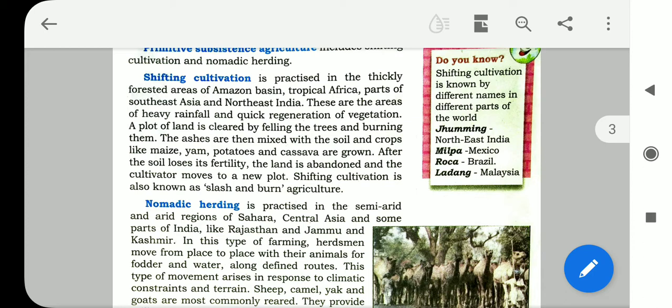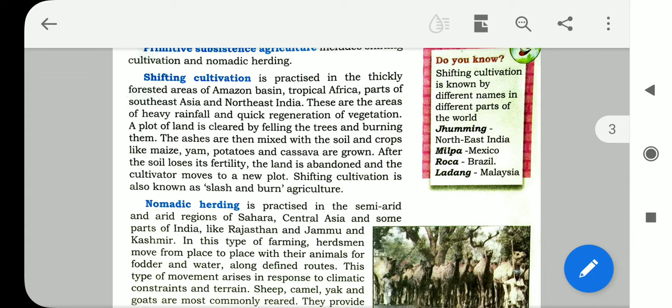So they change the place and select another plot, and in the same process they do this type of agriculture. Since they shift from one place to another, this cultivation is known as shifting cultivation. Another name for shifting cultivation is slash and burn cultivation.